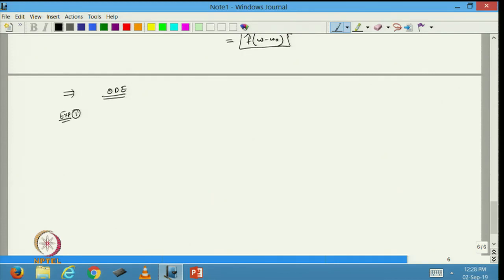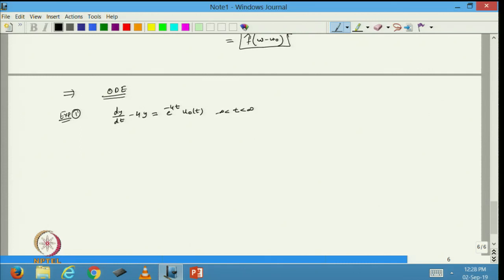I think I took one example in the previous class, so I take the same type of example: dy by dt minus 4y is equal to e raised to power minus 4t u naught t, where t is defined from minus infinity to infinity.